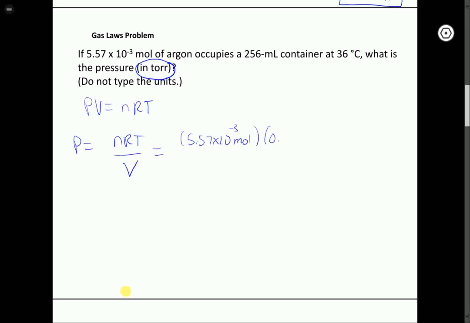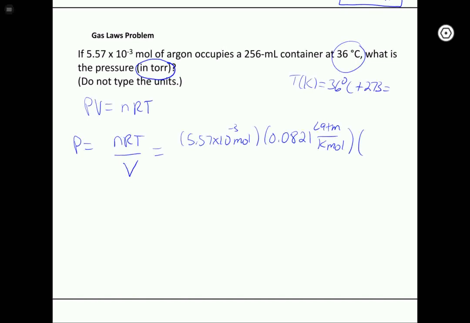R is the universal gas constant, which is 0.0821 liter atmospheres per K mole. The temperature has to be in Kelvin, so it's going to be 36 plus 273. So we have 309 Kelvin for our temperature.